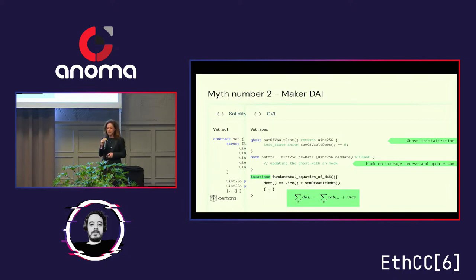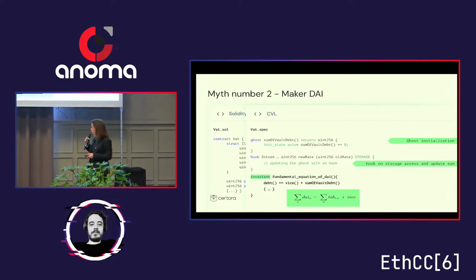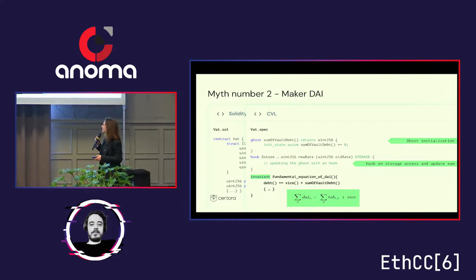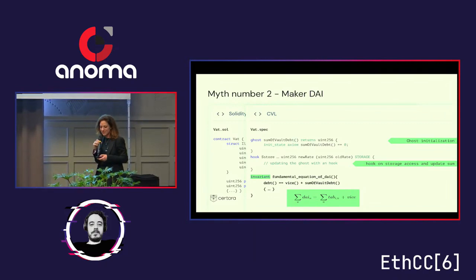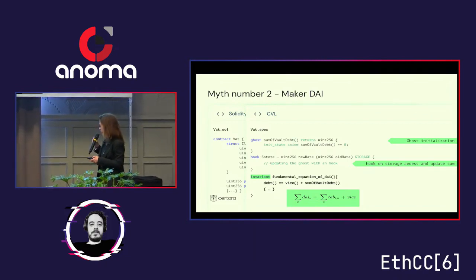There are some technical details here that you can find in our public repo, but very briefly, they are using here what is called a ghost, which is like a function which is not implementing the protocol itself, but you can implement it yourself in your specifications, and you just need to write the code which updates the function to model the behavior of the contract.